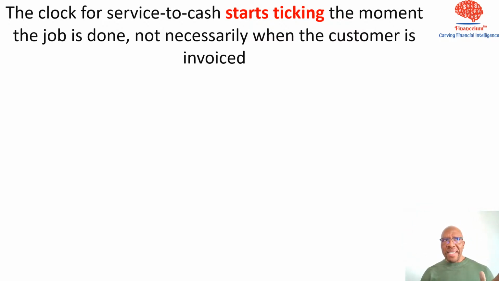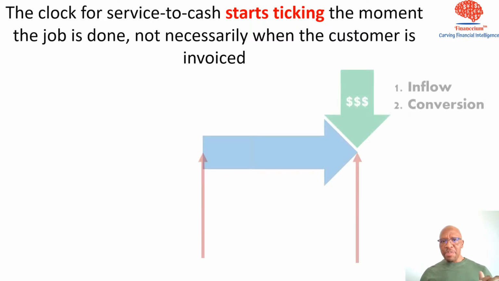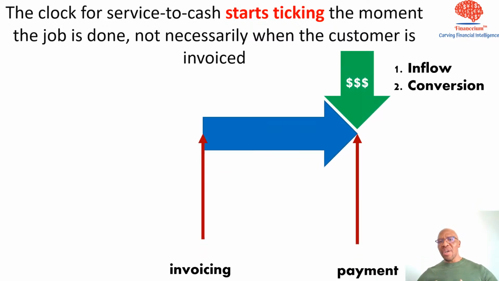The minute you finish rendering your service, your payment expectation clock starts. You've rendered the service, now the customer needs to pay. But this is purely dependent on when you send the invoice. If the work and invoicing are done at the same time, then it's a smooth period towards payment.